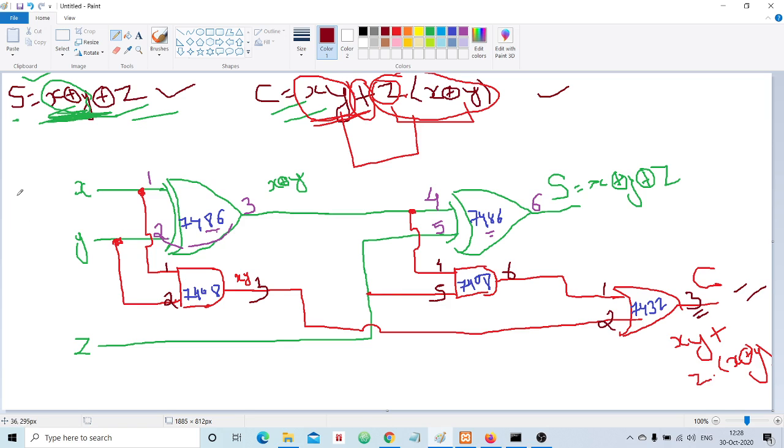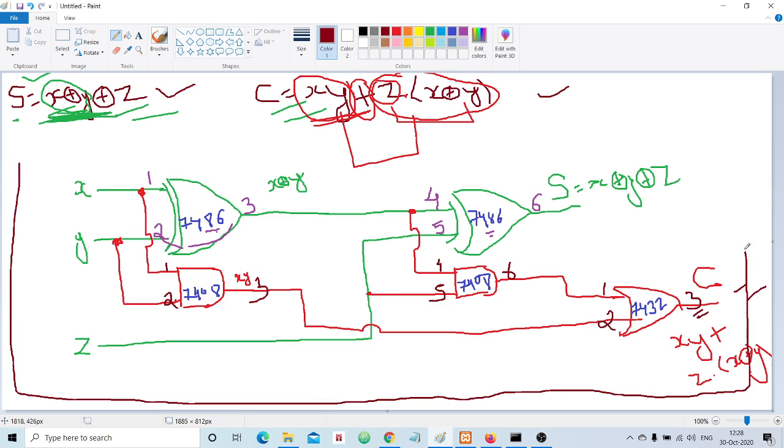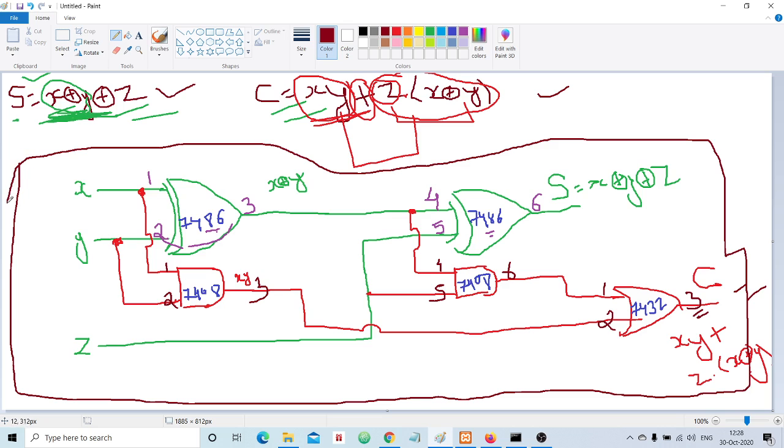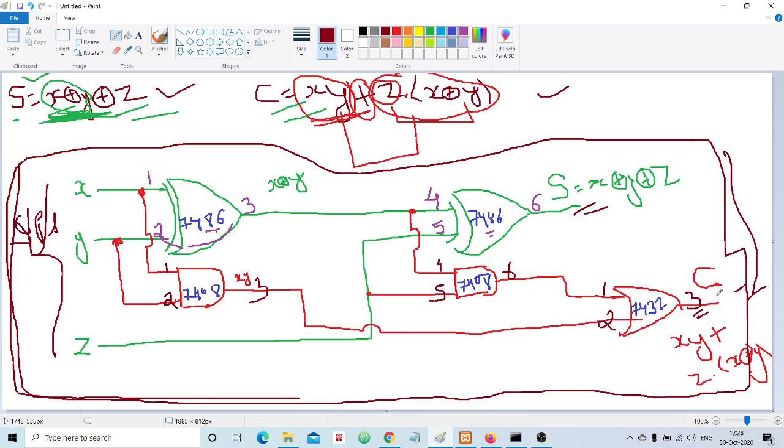So this is the complete circuit diagram for the full adder. Now we have finally designed a circuit which will take three inputs, X, Y and Z, and it will produce two outputs. One is sum and the other one is carry.